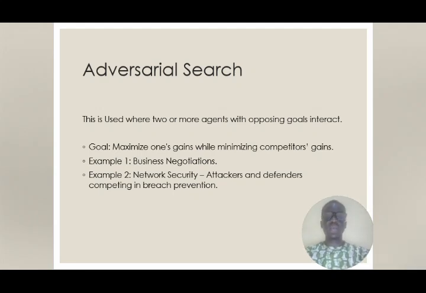One example is business negotiations, where you are all trying to get the best outcome. The seller wants to get more money, you want to pay less money. So we are arguing it. Also in network security, there is an attacker and a defender competing in breach prevention, each wanting to outsmart the other.